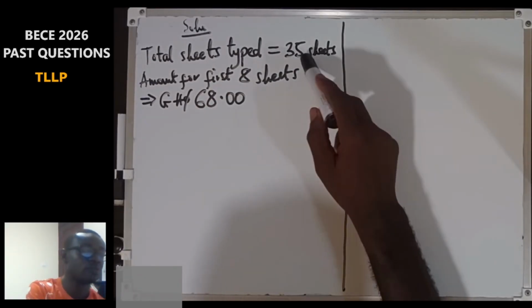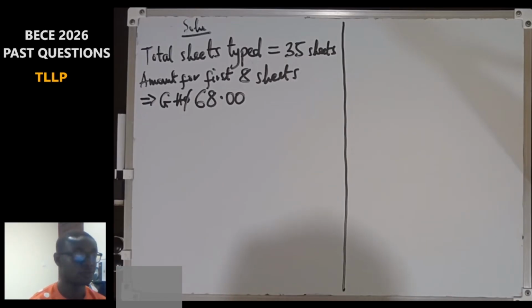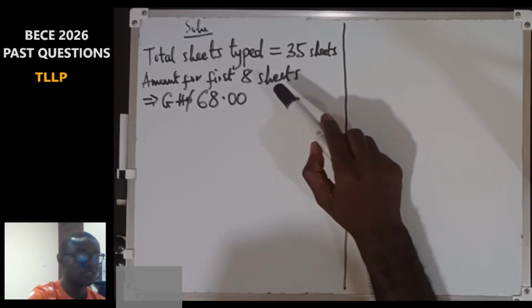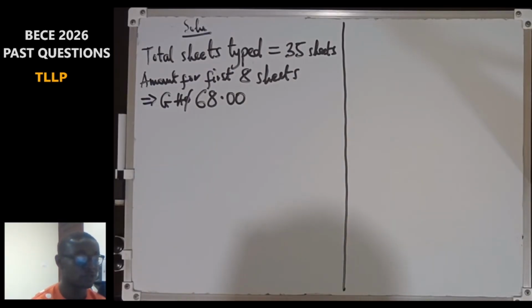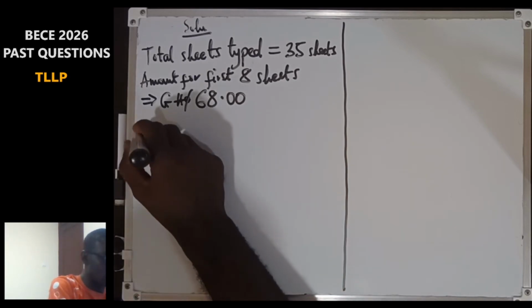So they brought 35 sheets, and the first 8 sheets that the typist will type, she's going to charge this amount, 68 cedis. So we need to know the number of what? Additional sheets that will be left after typing the first 8 sheets.